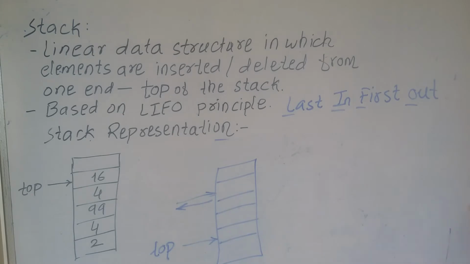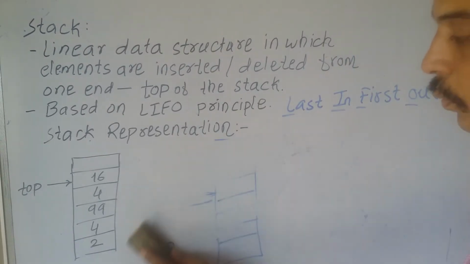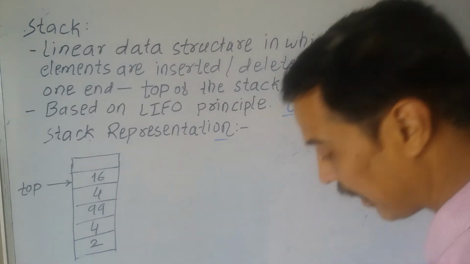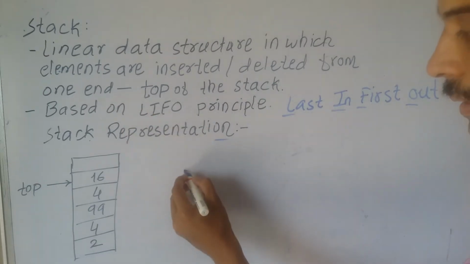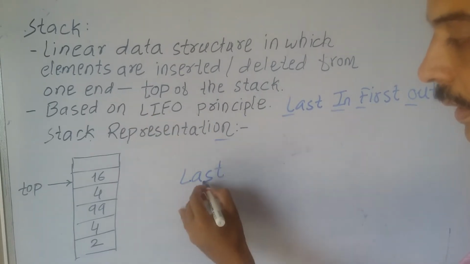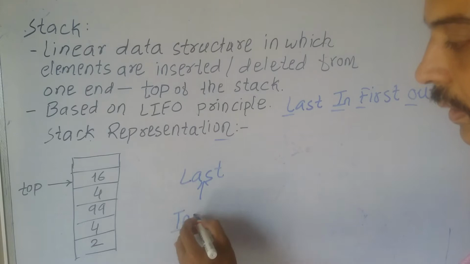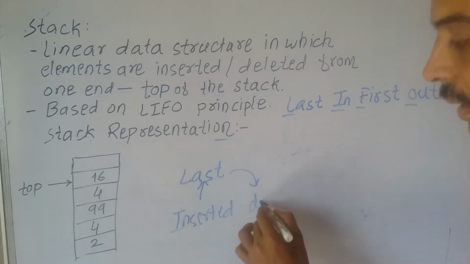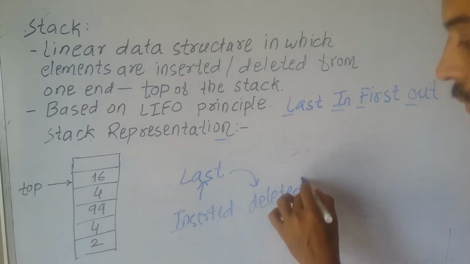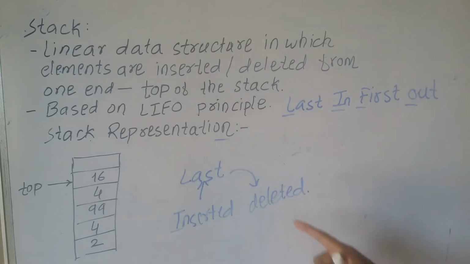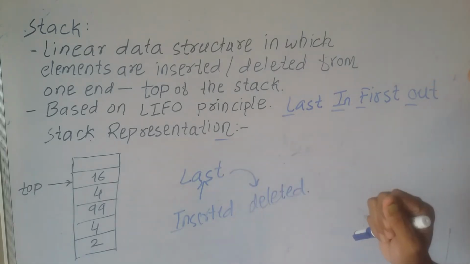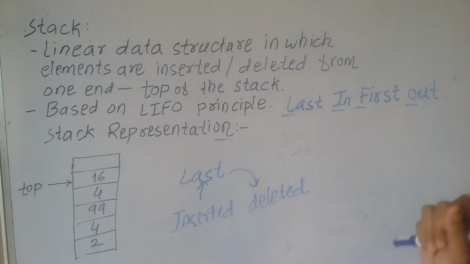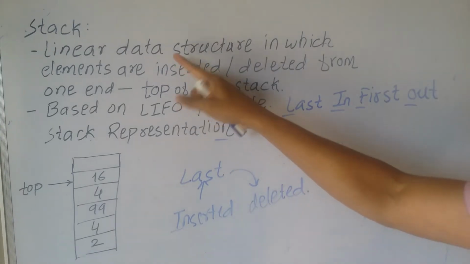This is based on the LIFO principle. Last in, first out. What is the meaning of this one? The element which is inserted last is deleted first. So the element which is inserted last is deleted first in the case of stack.